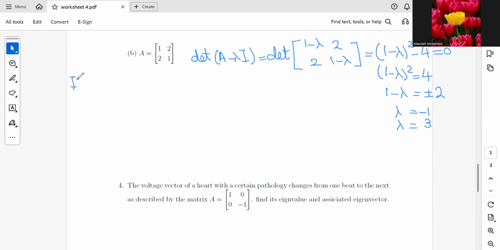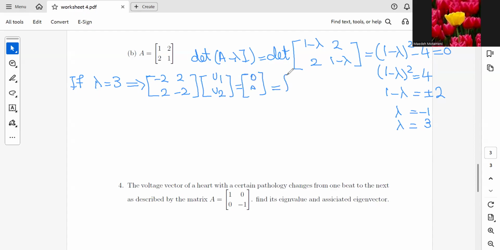Let's say lambda is 3. From here, the matrix will be negative 2, 2, and 2, negative 2. And multiplying by v sub 1, v sub 2 equals 0, 0.